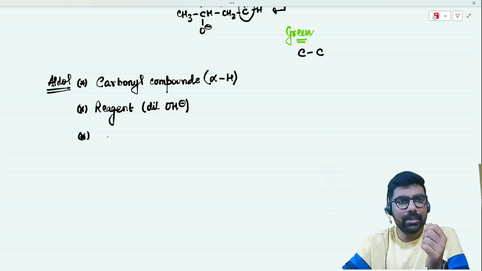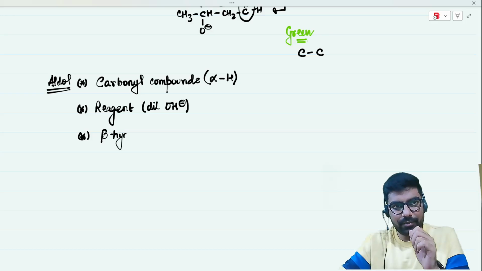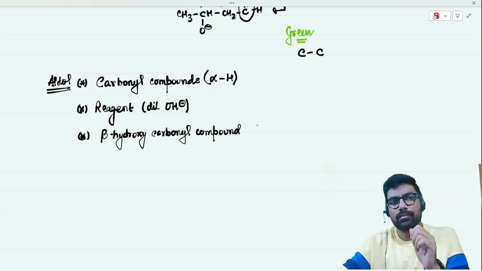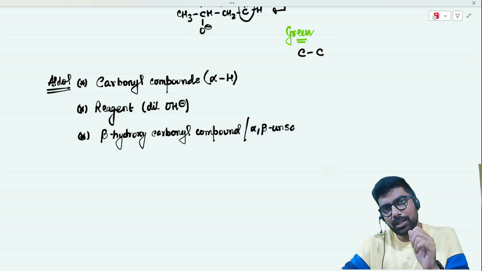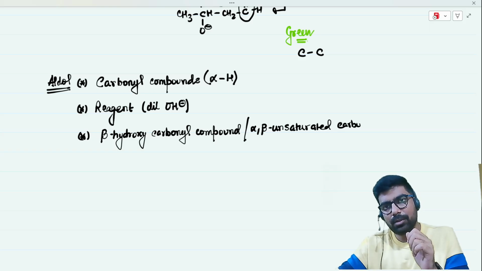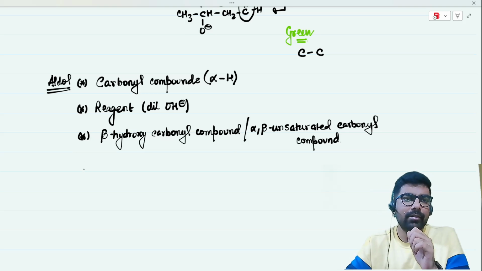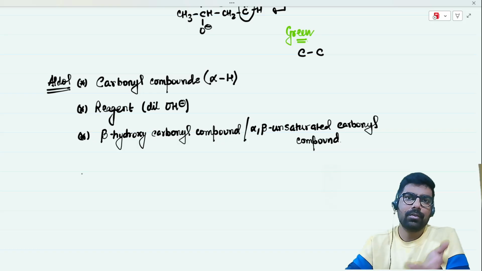The condensed product can be a beta hydroxy carbonyl compound, or it can be an alpha beta unsaturated carbonyl compound also. Done. Then we have done the mechanism, we have found it out.